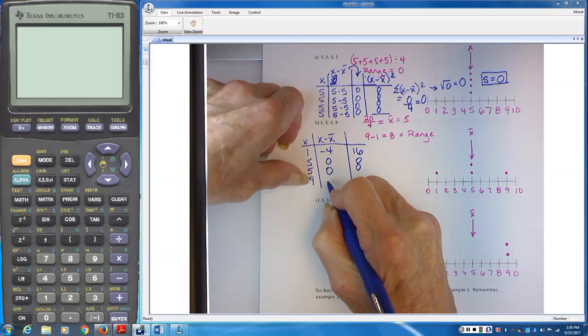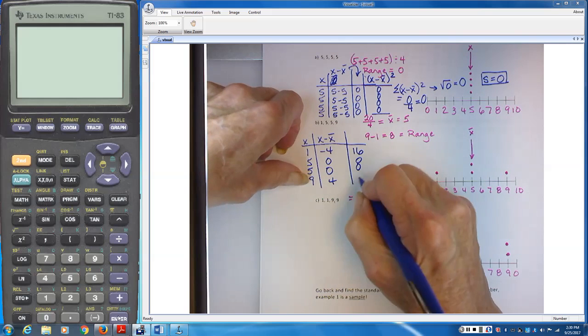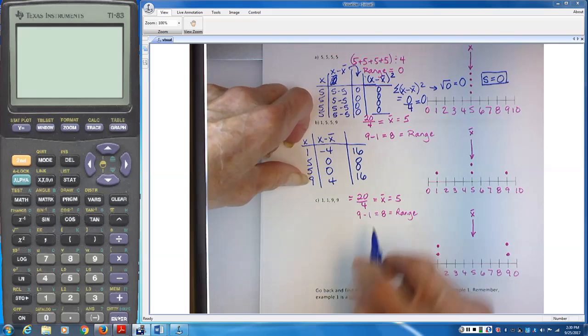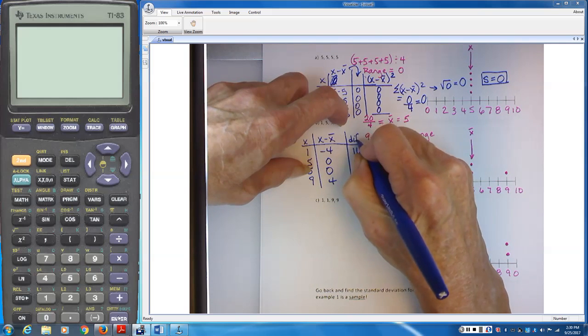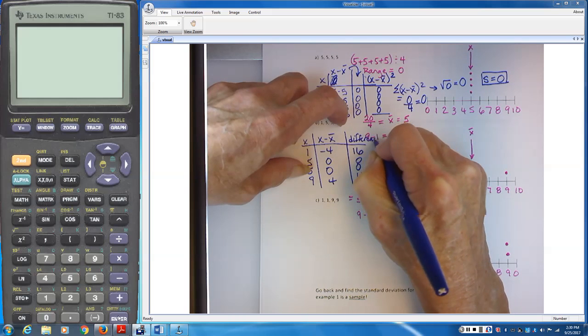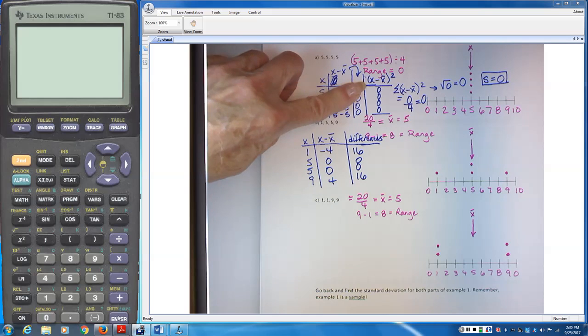What's 9 minus 5? 4. And 4 squared is 16. So here's all my differences. And like I did before, I'm going to square all those differences.